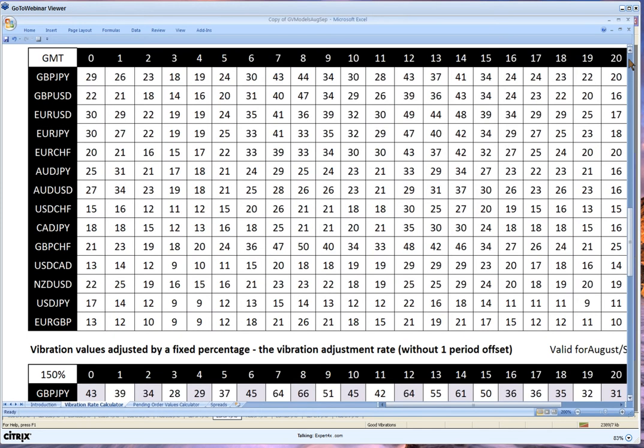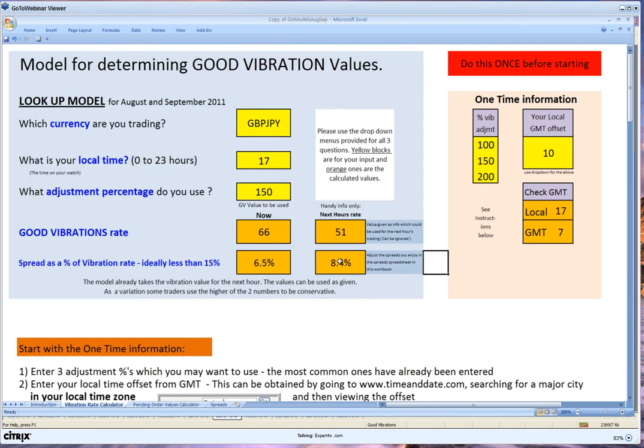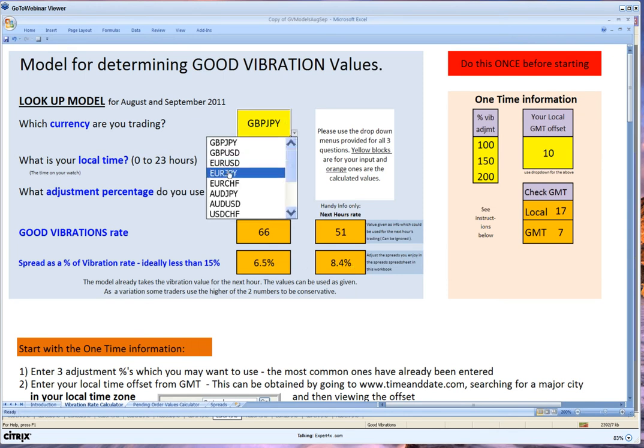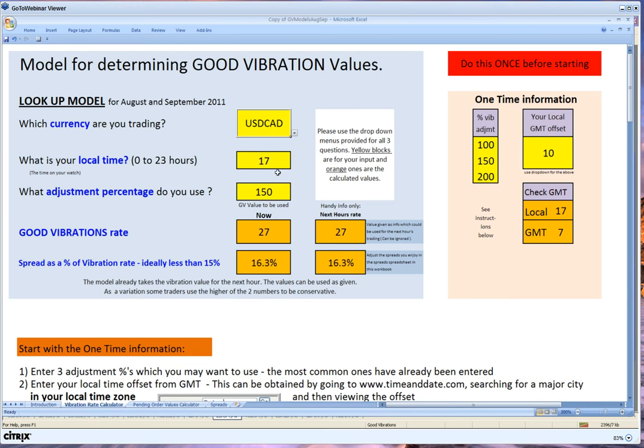But what you'll find is that this is where you get knocked out. There are a lot of currencies. Let's take the Canadian dollar, for instance.